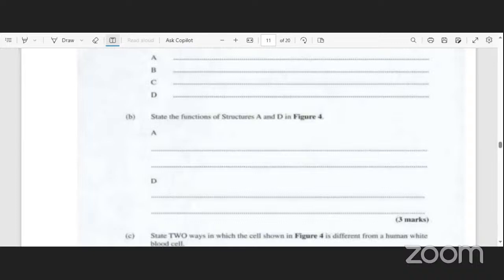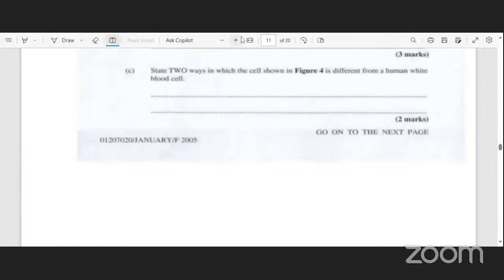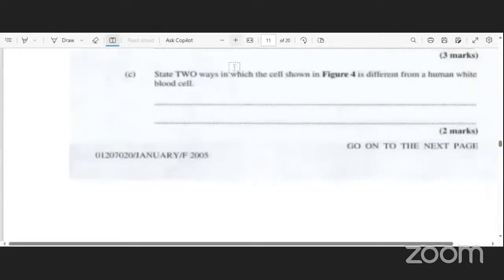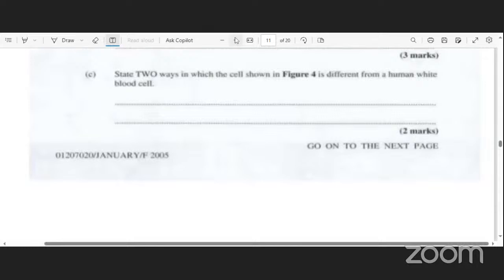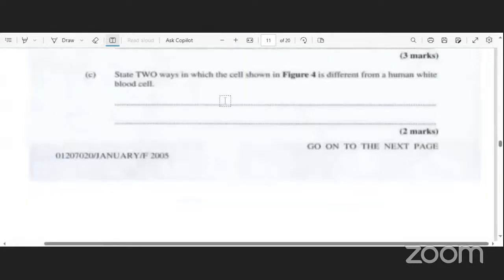So site of photosynthesis for A, yes, that is correct. And for D, the vacuole aids in storage and transport.